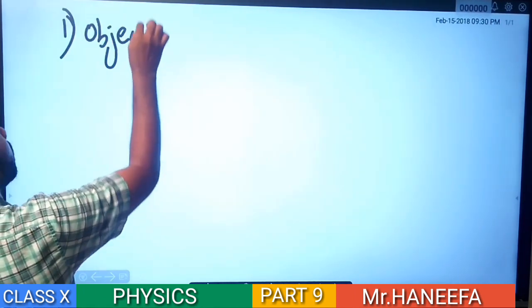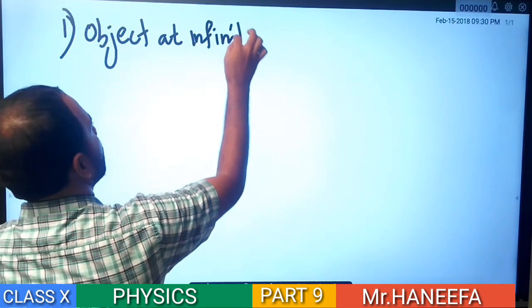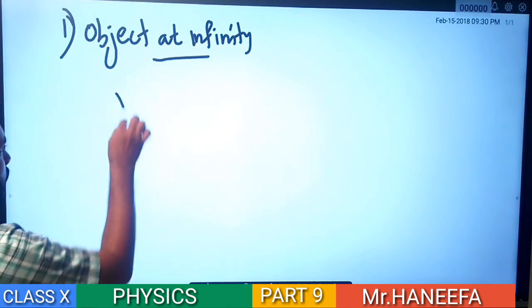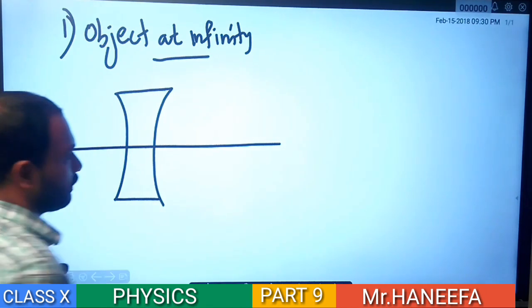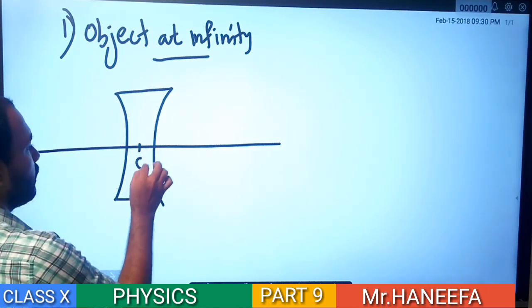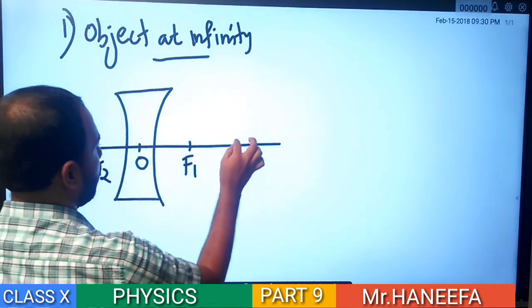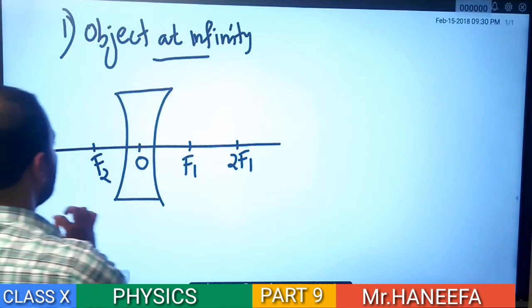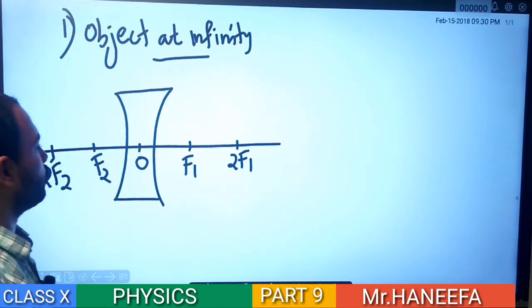Now we have to draw ray diagrams. First case, object at infinity. Concave lens, this is the principal axis, optical center, F2, F1, 2F1 and 2F2.